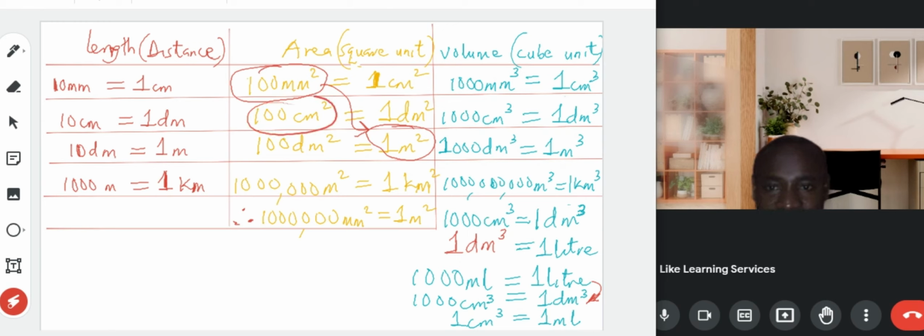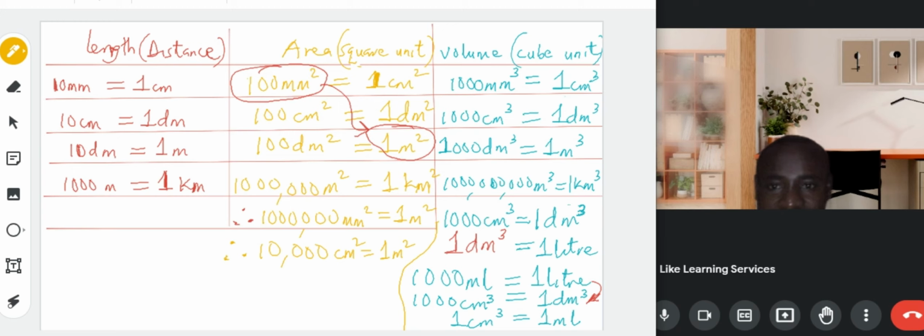Also from centimeter squared to meter squared, you do 100 and 100, because 100 centimeter squared is 1 decimeter squared, and 100 decimeter squared is 1 meter squared. So 100 times 100 will give us 10,000. Therefore, we can also say 10,000 centimeter squared is equal to 1 meter squared.